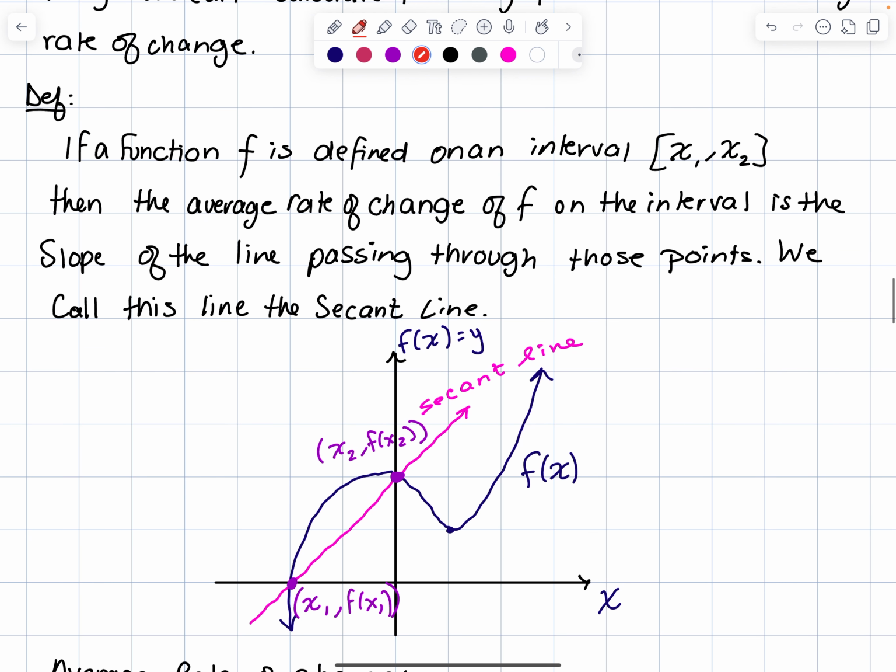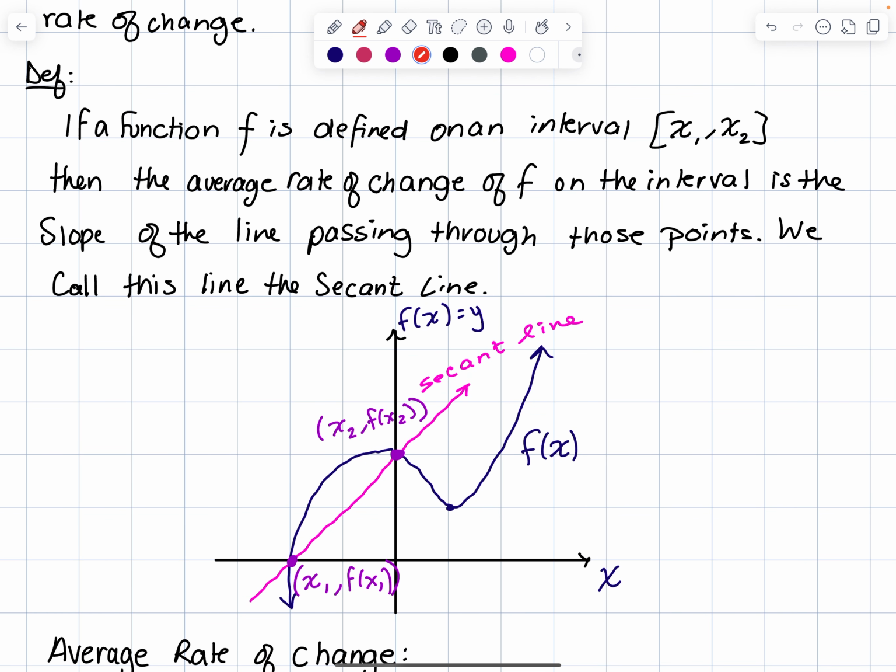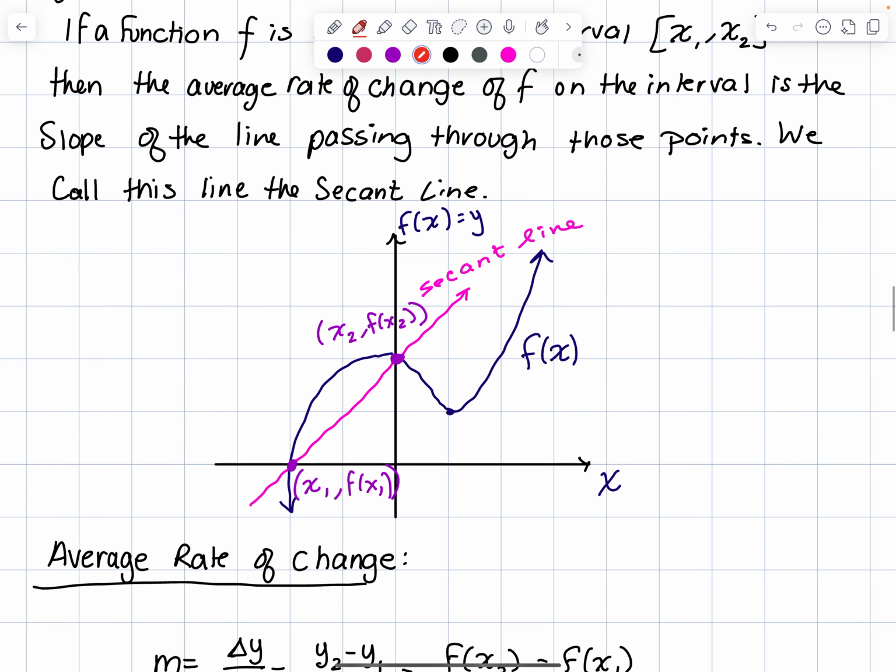So if we have a function, we'll call it f of x, and here's the function that I drew here in the blue. It's defined on an interval x1 to x2. So this is our interval, from here to here in the red. That's x1 to x2, and we include those endpoints.